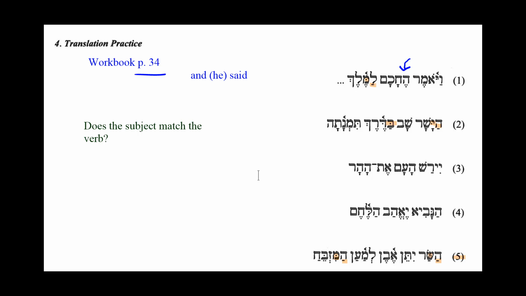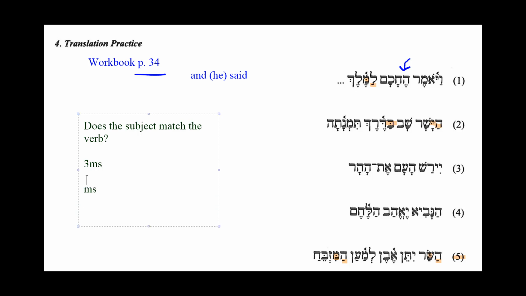So it looks to me like wise man is the subject. So we have to ask ourselves now, does the subject match the verb? So we know that our verb is third masculine singular. We saw that from the chart. And we look at our subject here, which is this adjective, chacham, being used as a noun, and it is masculine singular.